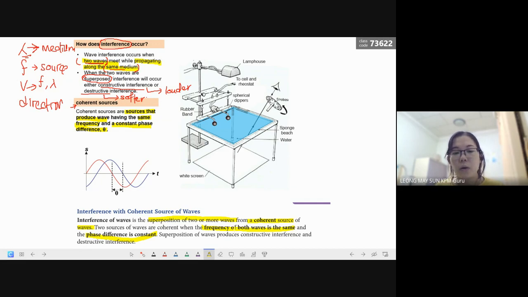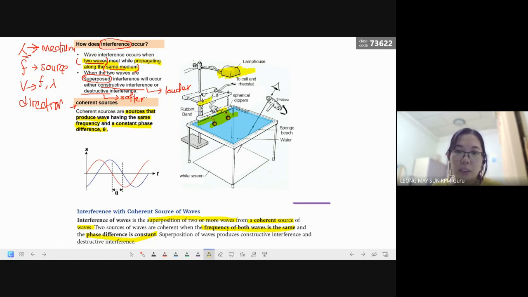Okay, so this is a ripple tank. The ripple tank consists of a spherical dipper, or we can have a plain dipper. When using two spherical dippers, you need to have a lamp here, a light source.